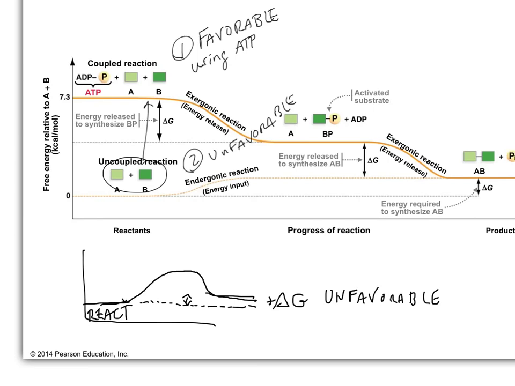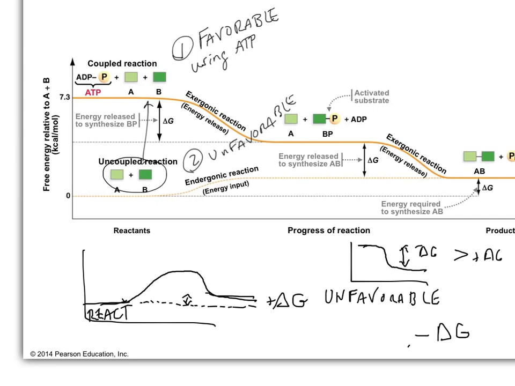The first reaction, the hydrolysis of ATP to ADP plus Pi, is highly favorable. And so you have a delta G that is negative, and its value is greater than the value of the positive delta G. And so putting these two together, you end up with a negative delta G for the reaction.